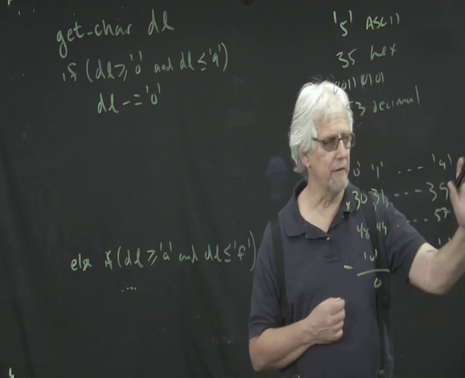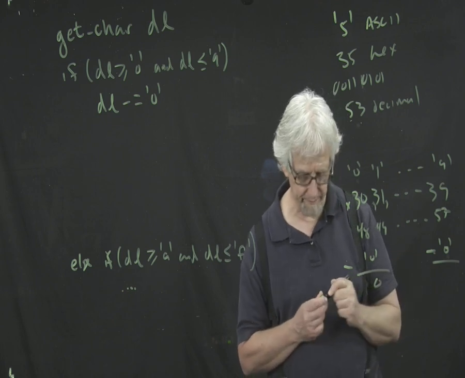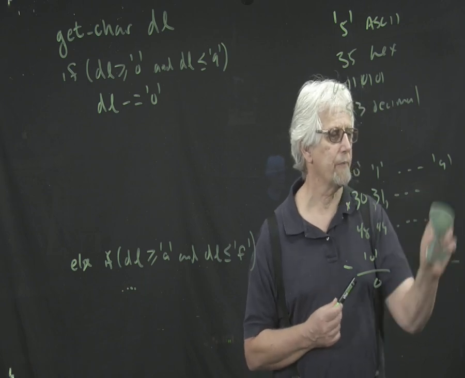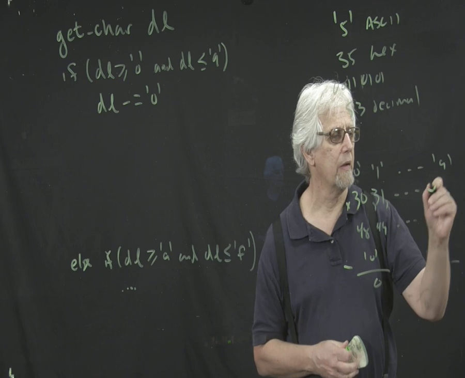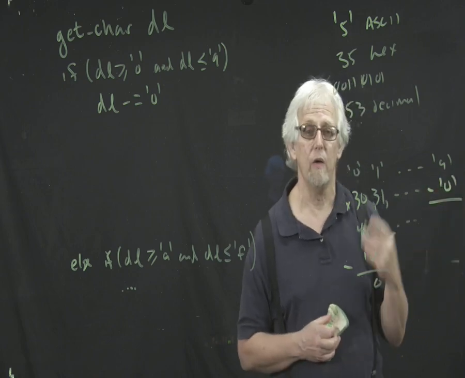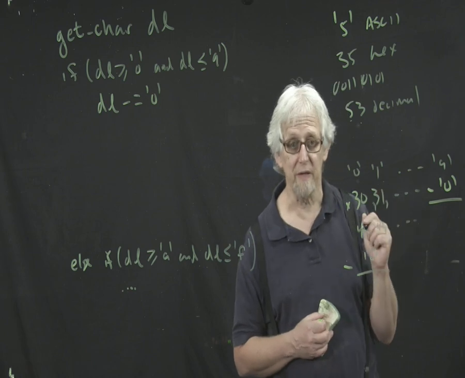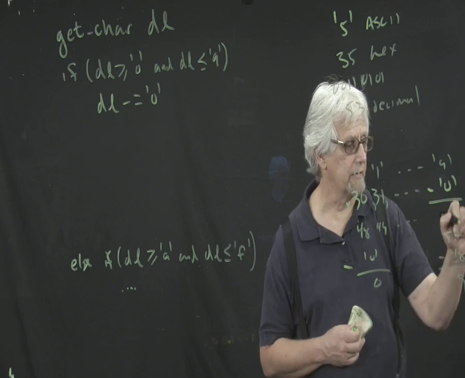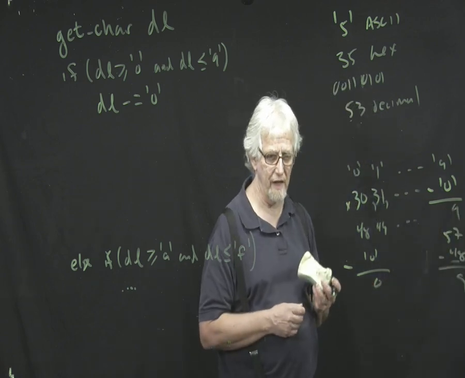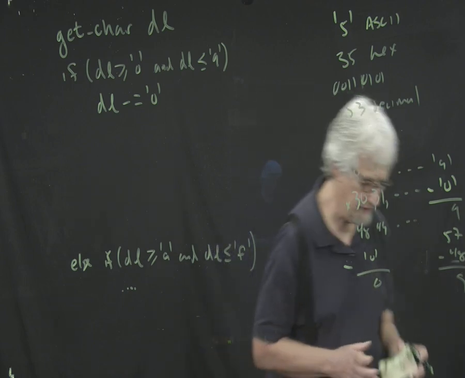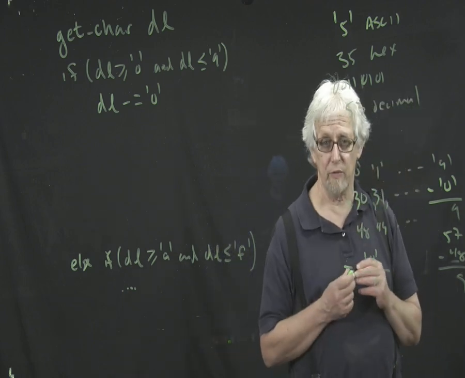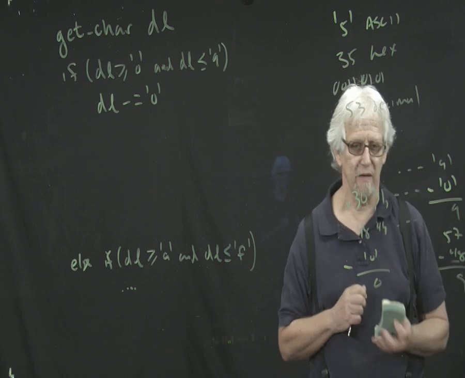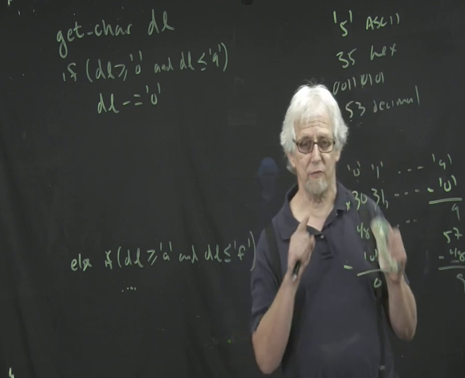But if I say the character 9 minus the character 0, what I'm really doing numerically is 57 minus 48, 9. Got it? Okay. So that's what you need to do. And we're also going to deal with hex digits, A through F. But that's the same story, but it's different input. So that's fundamentally what you need to do.